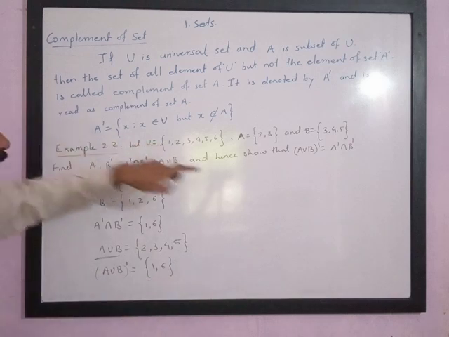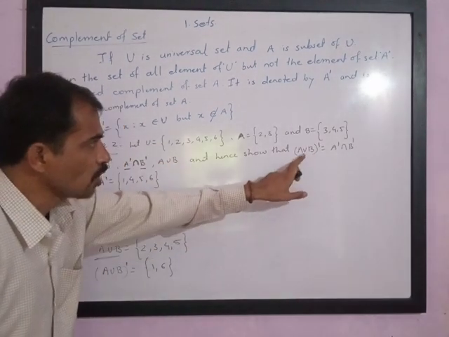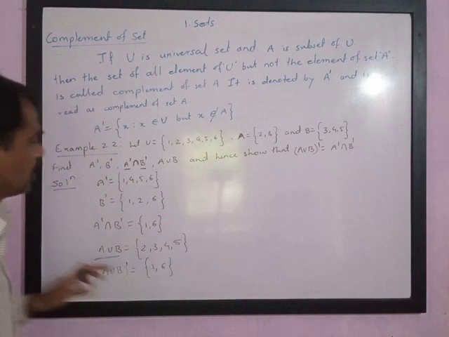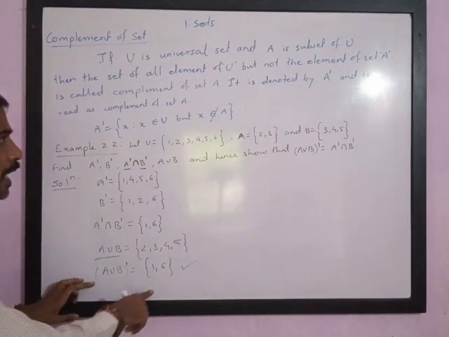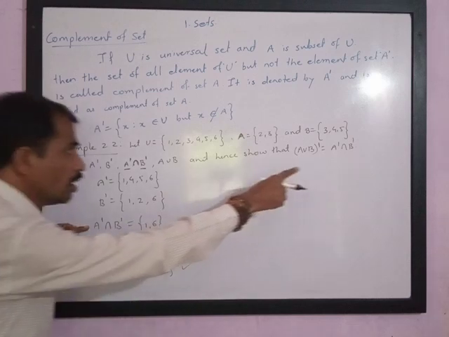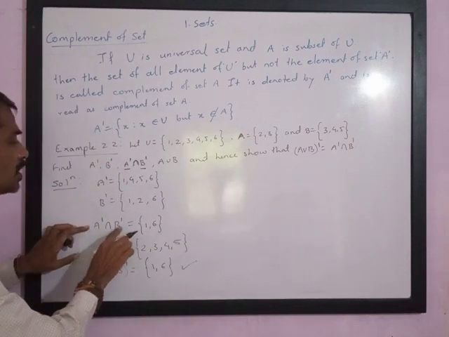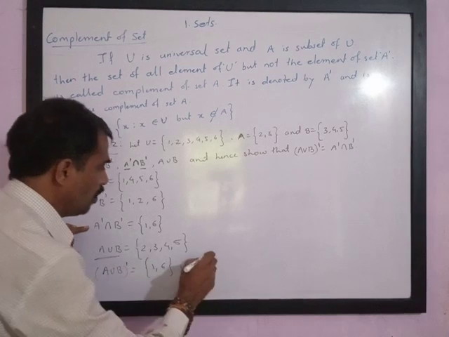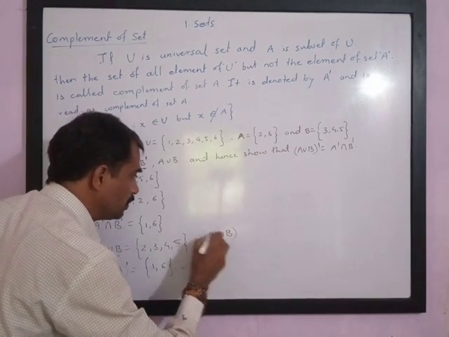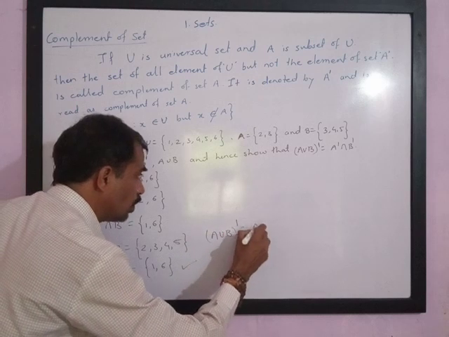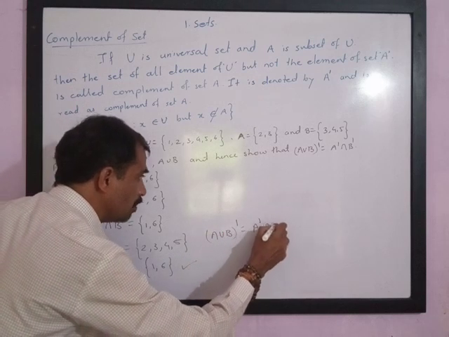So please note, the complement of A union B is equal to A's complement intersection B's complement. So we have A union B's complement is equal to A's complement intersection B's complement.